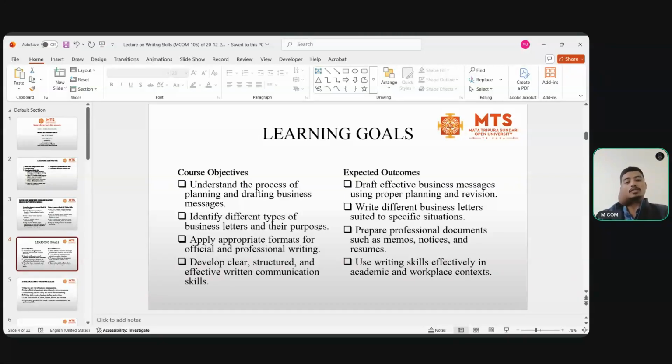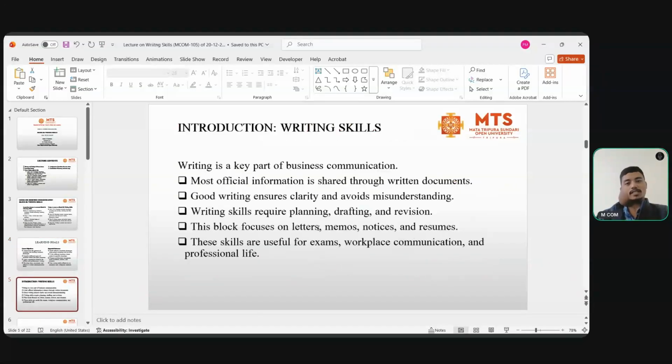And finally, you should be able to use writing skills effectively in academic work and workplace communication. These outcomes focus on practical writing skills that will help you in your job and in any professional life. Okay, so now let's move on to the introduction of writing skills.